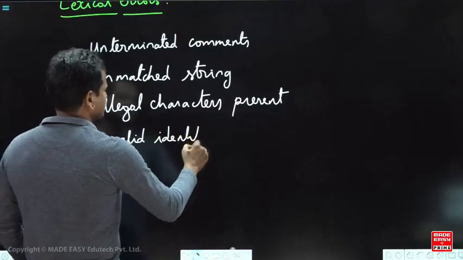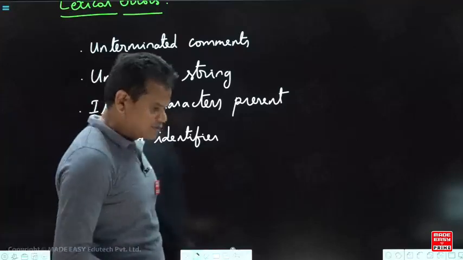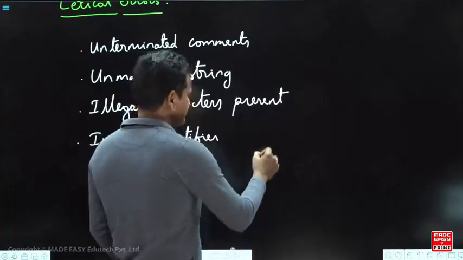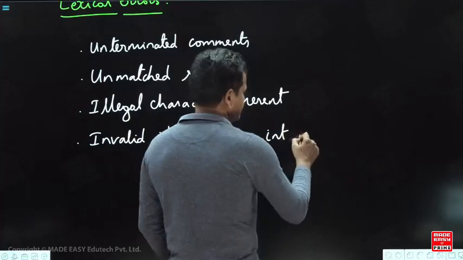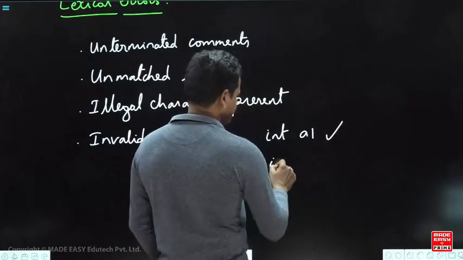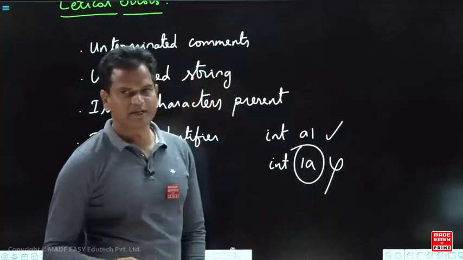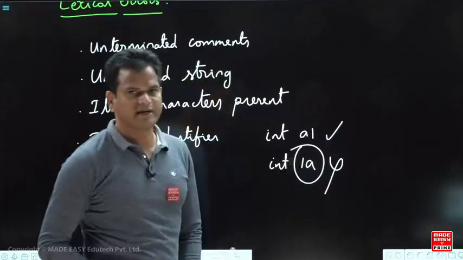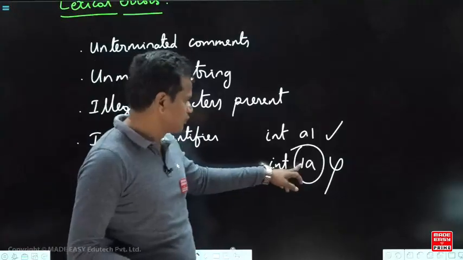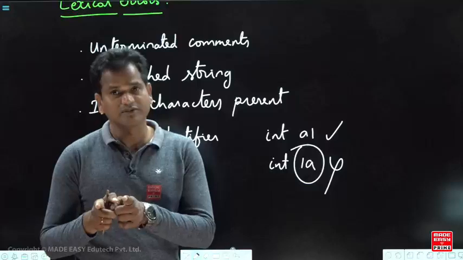Next, invalid identifier. There are some rules for the identifier. If it does not follow the rules, for example, int a1 is valid, but int 1a is invalid, because the identifier is starting with a numerical value. According to the rules of the C language, an identifier should not start with a number.